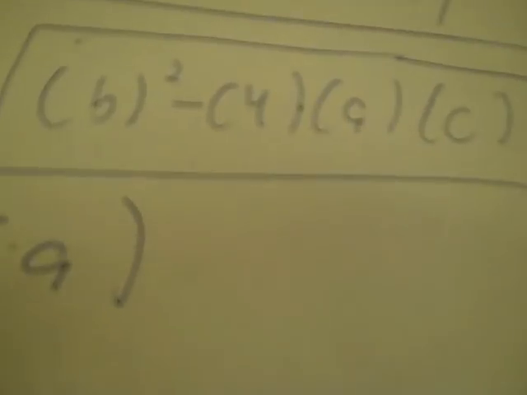So parentheses to the second minus 3 parentheses, and a 4 goes there. B squared minus 4AC, so B is negative 5. And then A is 3, and C is 1, okay? There's a 1 there. Over 2, right? So 2 parentheses, and A is 3, okay?